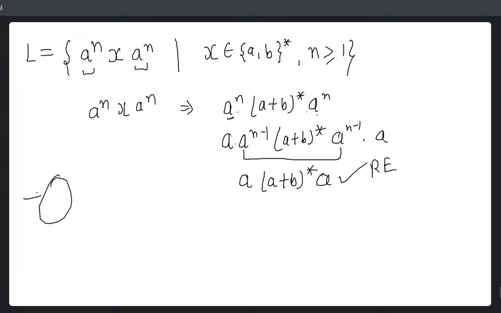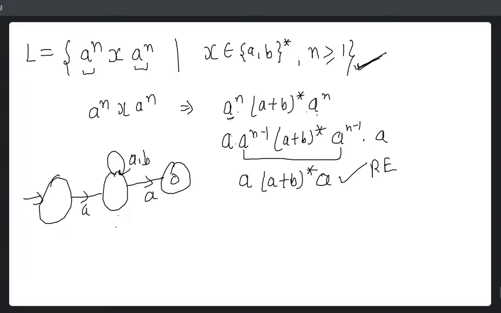Let's see here: the last is a, and in between we can read any number of a and b. Start and end with a. This type of language is this. So how is it possible? Every string generated by this language will be accepted by this automata, and every string generated by this automata will also be part of this language.